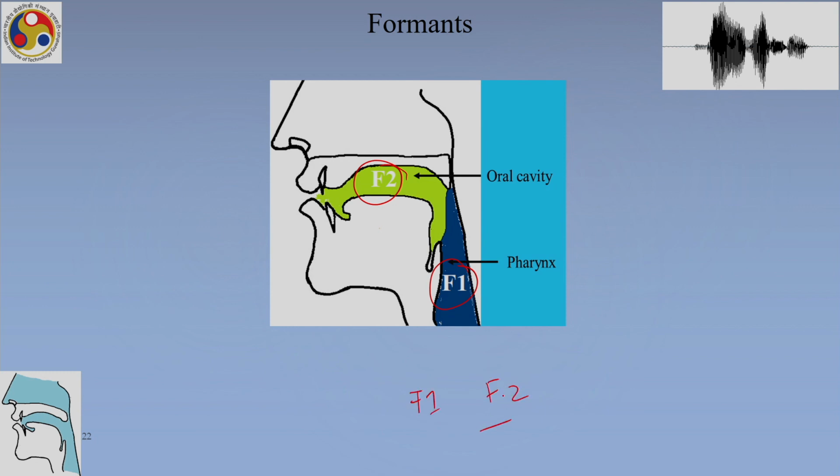So this pharyngeal cavity gives shape to the first formant, the oral cavity gives shape to the second formant, and that is why we have the particular values for a high front vowel like E. Its particular formant frequencies are because of the way these two chambers are in the production of the sound E. And again, if we take the vowel A, it is because of the way these two resonating chambers promote frequencies that results in the particular formant frequencies.